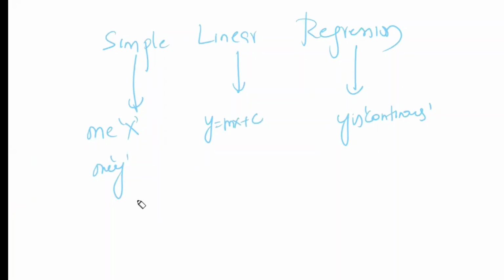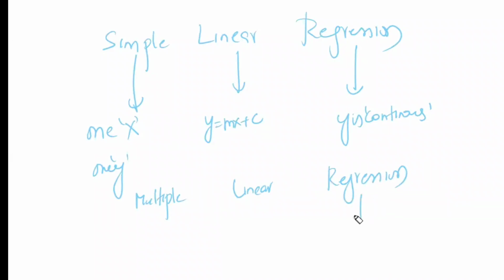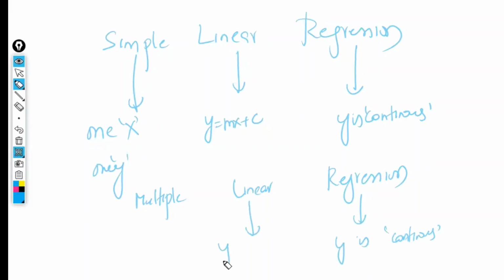Now, what is meant by multiple linear regression? Again, regression means y is continuous. Same to same, no difference. Linear means y is equal to mx plus c, no difference. Multiple means more than one x variable, one output variable y.